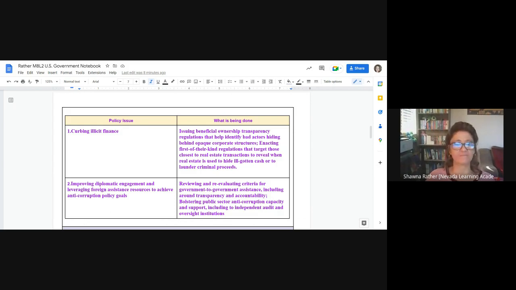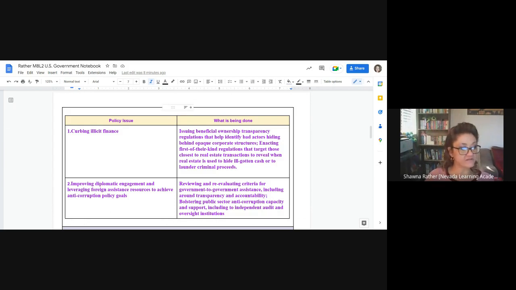That's a mouthful. Reviewing and evaluating criteria for government-to-government assistance, us helping other governments, being transparent, having accountability, bolstering public sector anti-corruption capacity. I'm not sure what exactly that means. Talking about independent auditing and oversight institutions, okay?